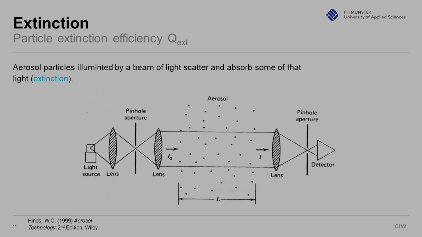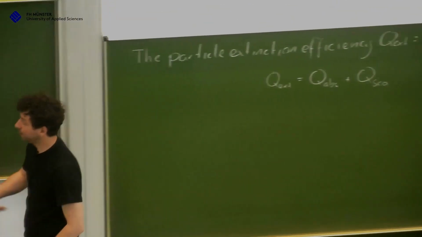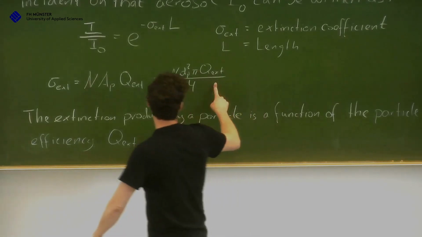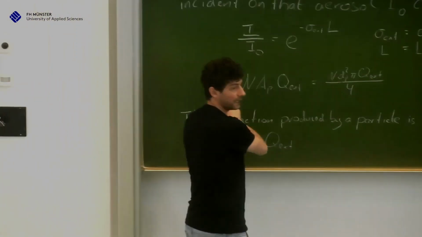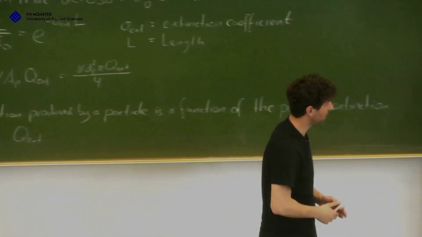So what we need is this value, and if we have the value and the size, we can calculate how much light we will lose through cigarette smoke or something else.